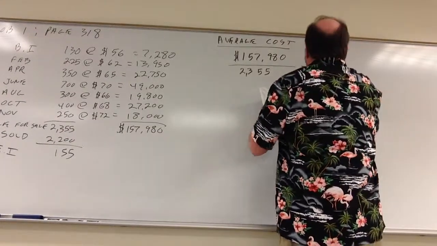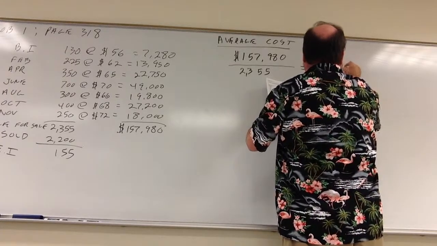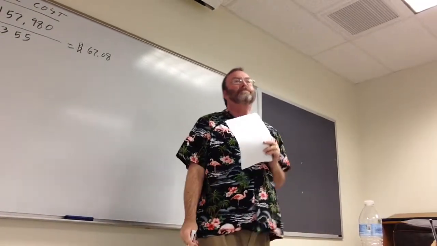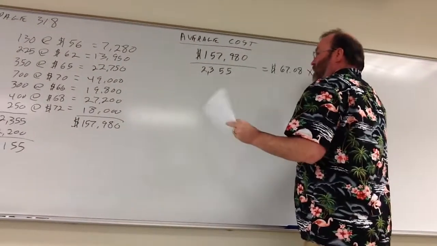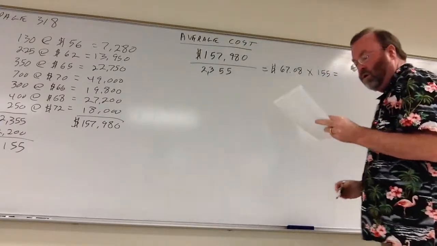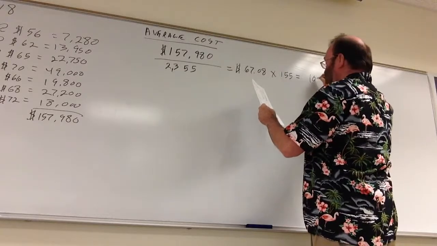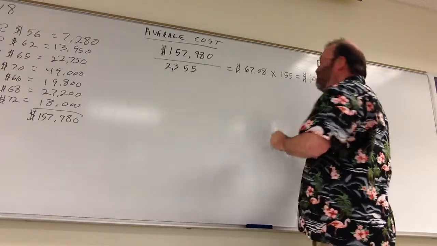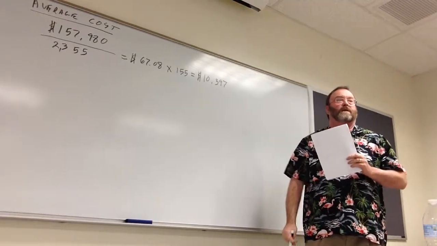That's going to give us an average cost of $67.08. If we multiply that by the 155 units that we have in ending inventory, we're going to get $10,397. That's the value of ending inventory, the 155 units that we ended the year with.